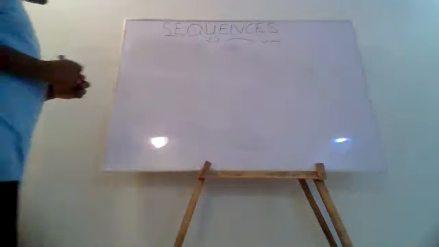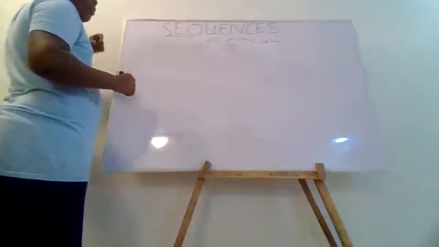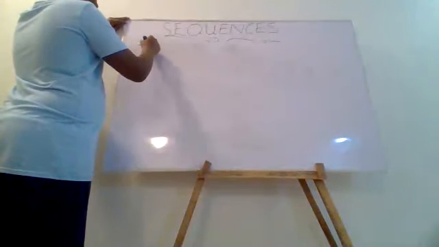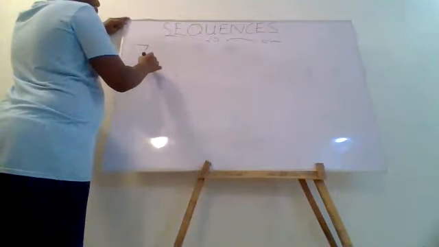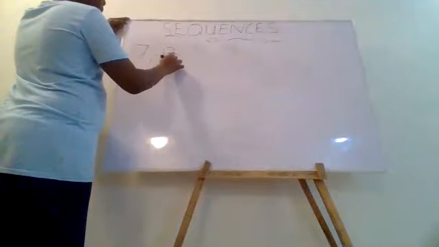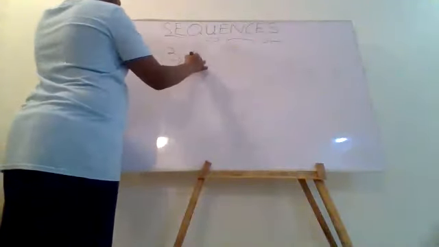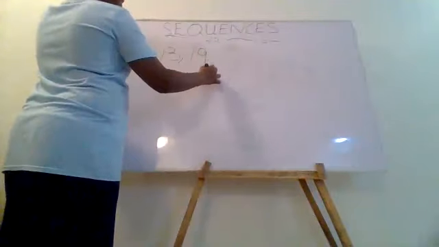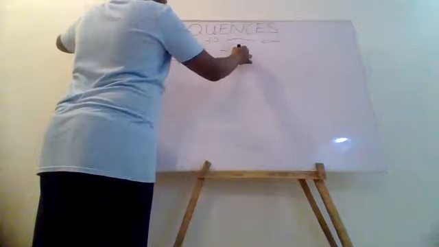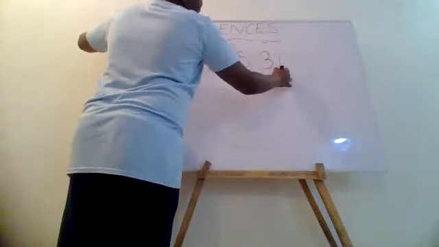Okay, so our last example will be 7, 13, 19, 25, 31, and lastly 37.